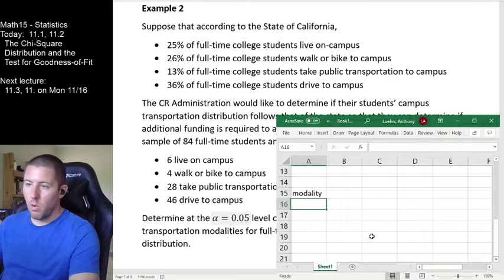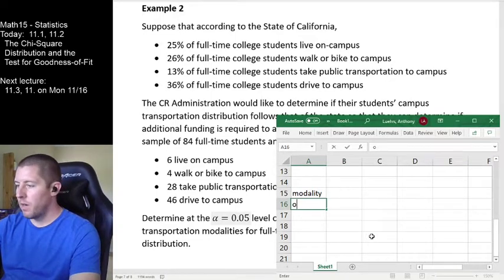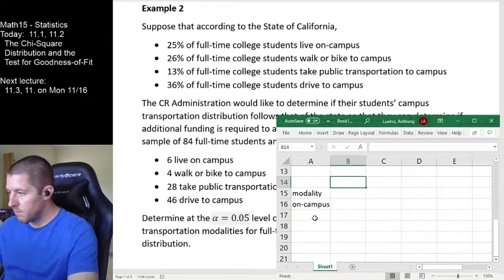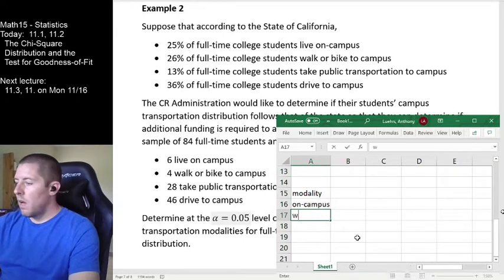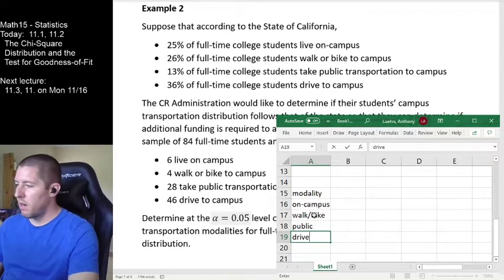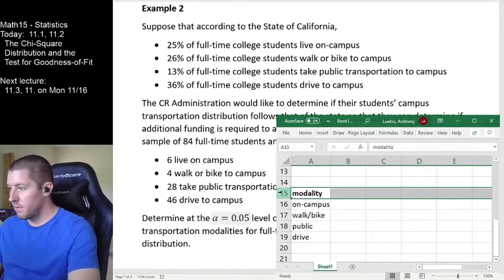All right. So what was our modality in each case? We were on campus. Stretch this out a little bit. Walk, bike, public transportation, or drive. Those were our four ways of getting to campus.